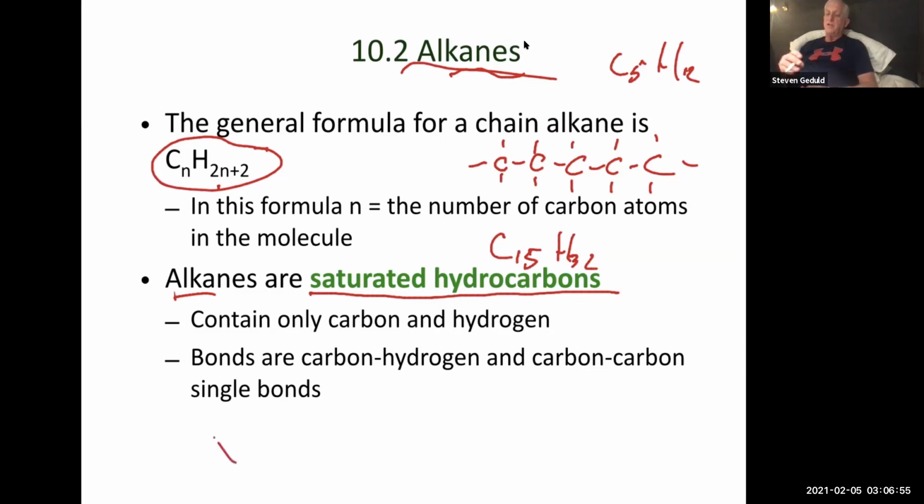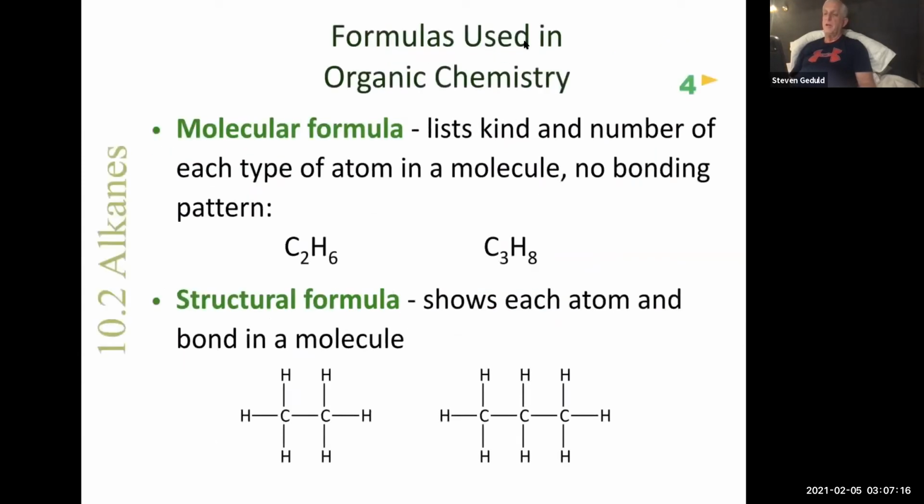These contain only carbon and hydrogen. These are alkane hydrocarbons, and the bonds are carbon-hydrogen and carbon-carbon. That's the only bond you have in an alkane: carbon-carbon single bonds and carbon-hydrogen single bonds.